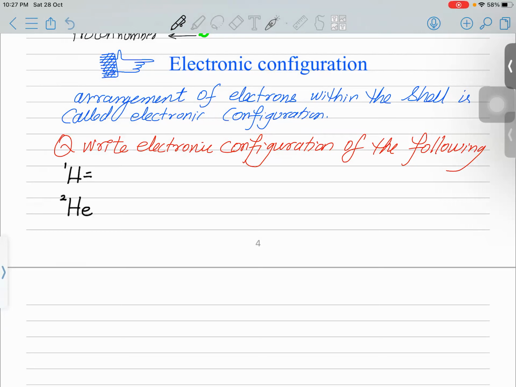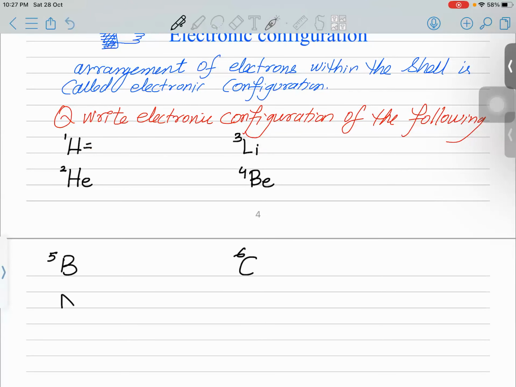Third is lithium. Fourth is beryllium. Then five is boron. Then carbon is 6. Nitrogen is 7. Oxygen is 8.